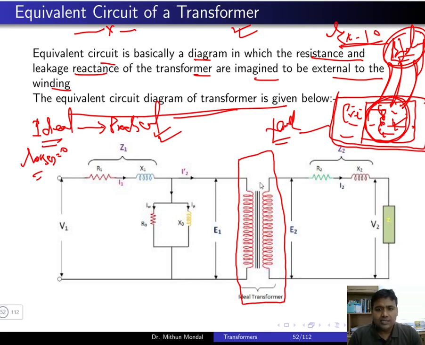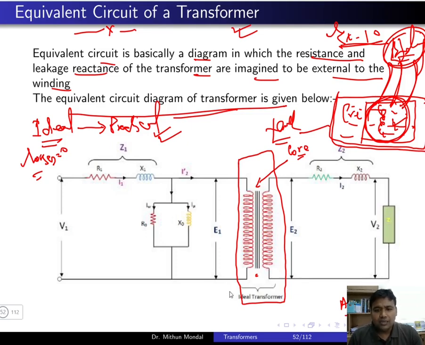If you see the central line, we have drawn some parallel lines. These represent the core. If you have lines drawn, then it is an iron core, or what we call a CRGO core. If these lines are not drawn, it means that this is an air core transformer, meaning there is no core, right?